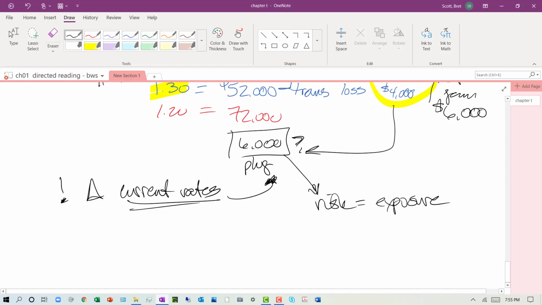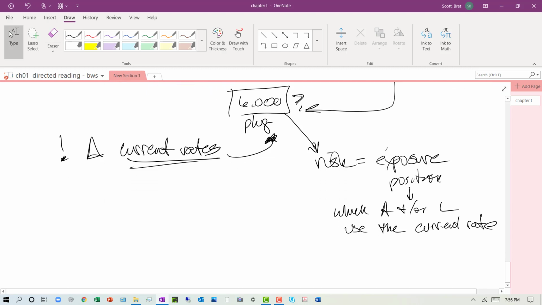The exposure risk in this case, or what's called the exposure position, depends on which assets and or liabilities use the current exchange rate. That's what we have to worry about. Once we identify those, we can isolate what our exposure risk is.